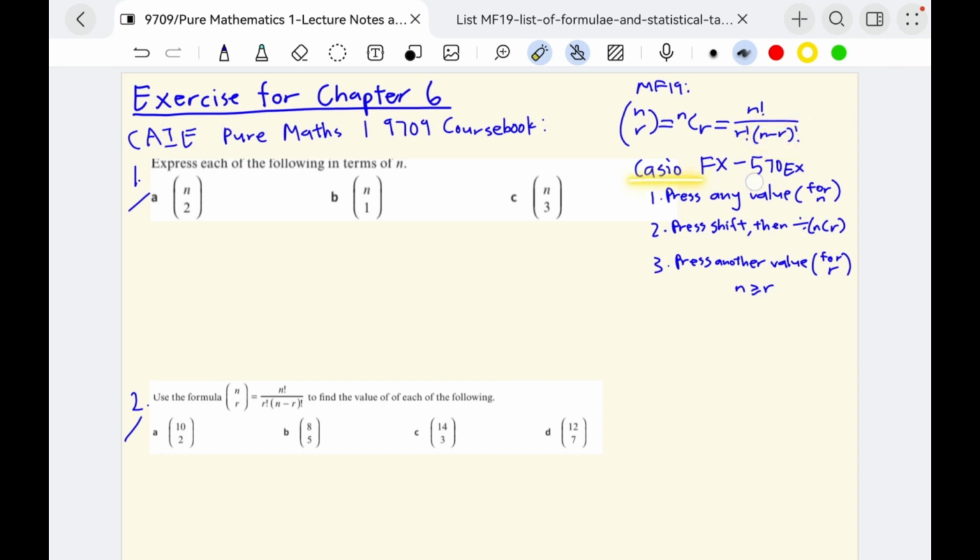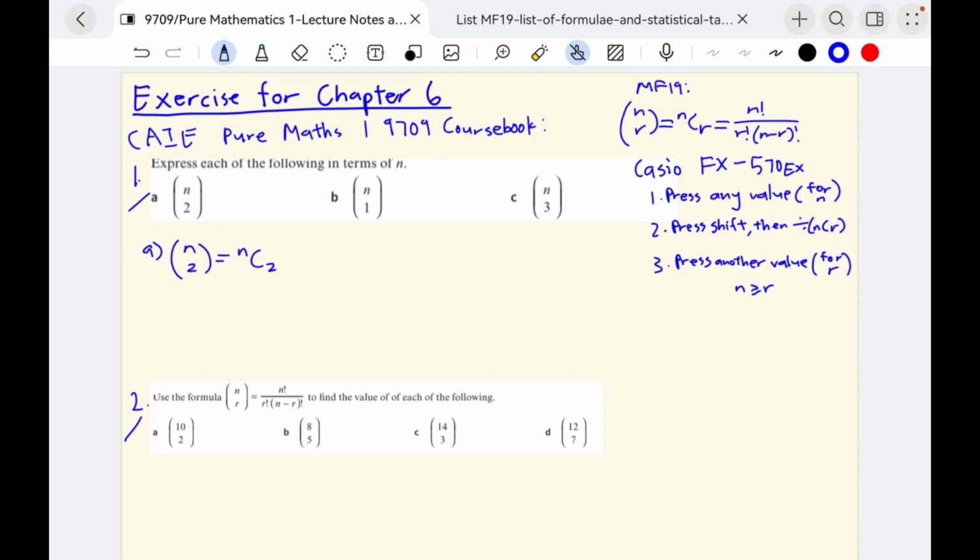Okay, so here's the tutorial on using calculators, if you own a Casio FX-570EX. For part A, n choose 2. So what is it? It's nC2, right?